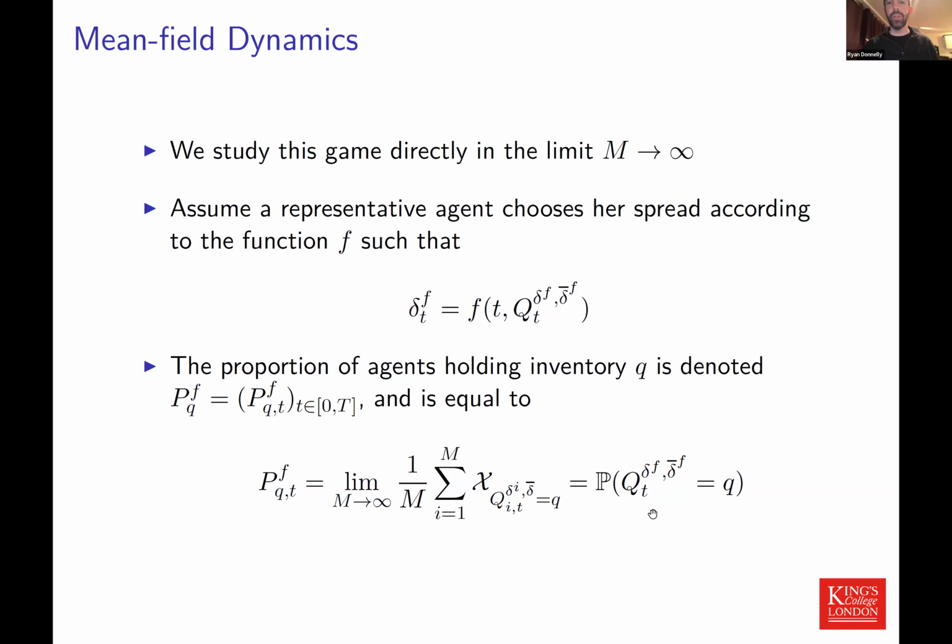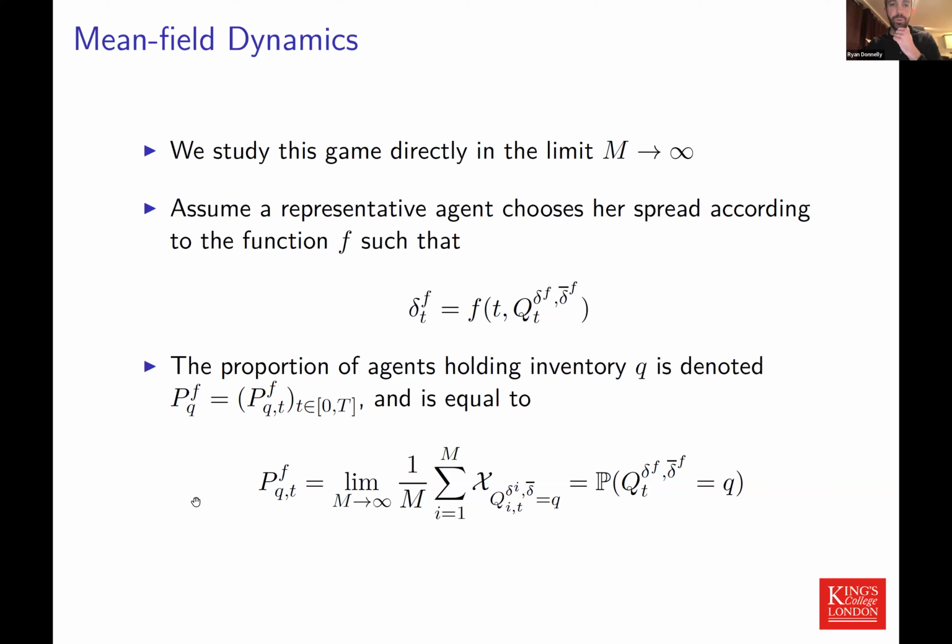So this bottom line is, in the context of mean field dynamics, the propagation of chaos. So it's saying that the law of Q, which is this last quantity on the right, the law of the inventory process Q, is equal to the limit of the proportion of agents in the finite player game that hold inventory Q.